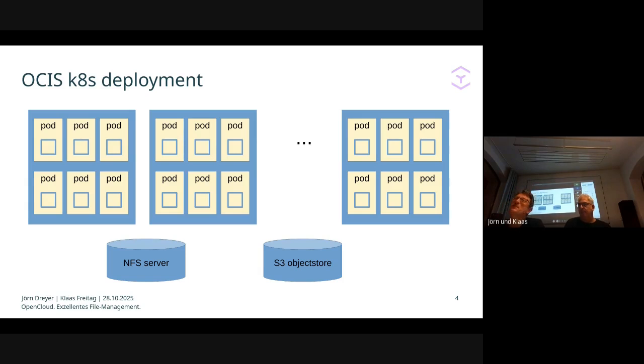So each school had their own Kubernetes cluster, or no? Every Kubernetes cluster is hosting, I think, 5 schools. It depends a bit because schools are really different in size, also in Bavaria.